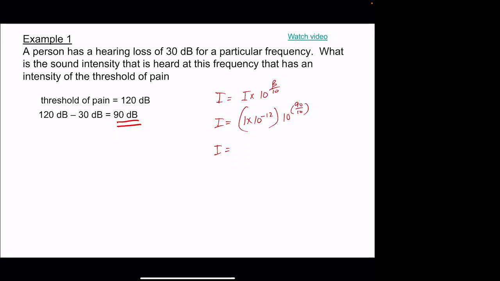And we get 1 times 10 to the minus third watts per meter squared. Any questions there?